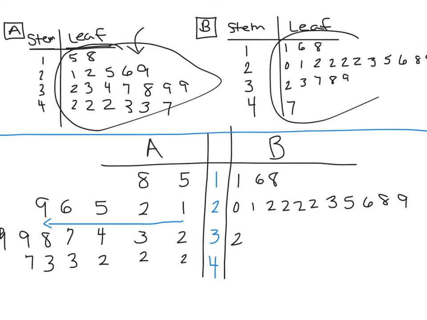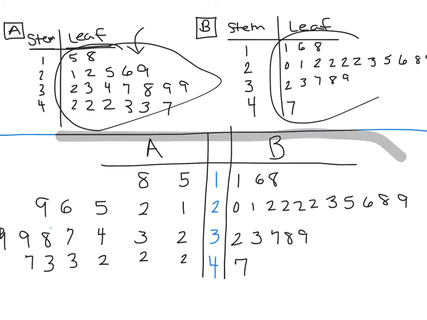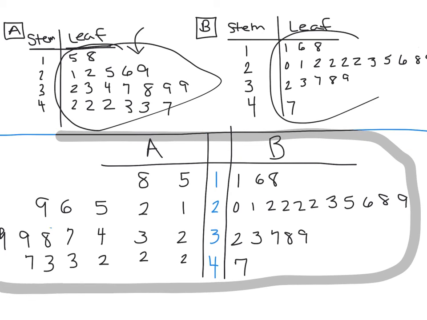And then a 2, 3, 7, 8, 9, and then a 7. So this big plot right here represents my complete stem and leaf display for both data sets A and B, and that's my final answer.